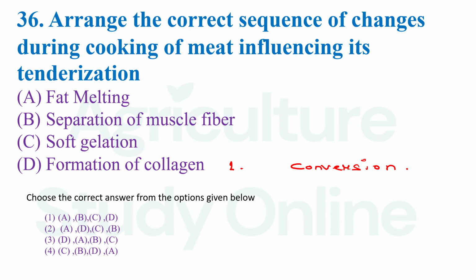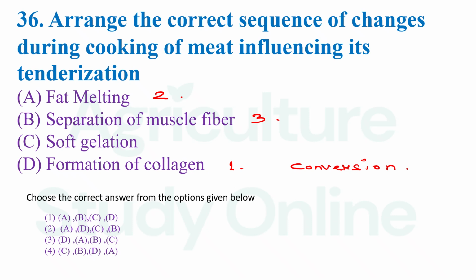Next is fat melting. In this, the intramuscular fat starts to melt, which will add juiciness and softness to the meat. Next will be the separation of the muscle fiber, meaning heat will cause the fibers to shrink and separate, so the meat will become less tough.